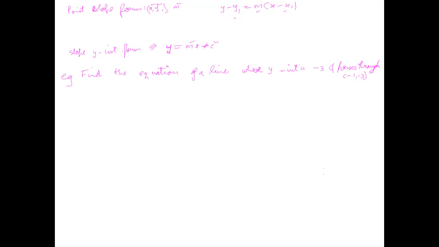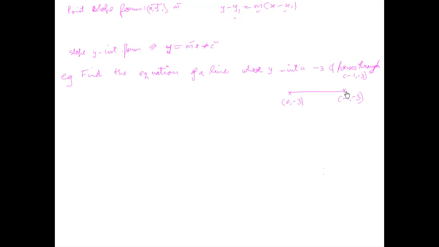Now children, to do a sum like this, we've got the y-intercept, so the coordinates of a point on the line. The y-intercept is also a point on the line, so it will be 0 comma negative 3 on the y-axis. Abscissa is 0 on the y-axis, ordinate is negative 3, and the other point comes out to be negative 1 comma negative 3.